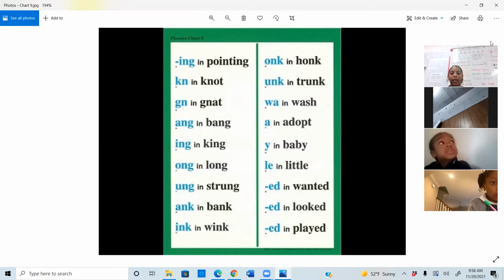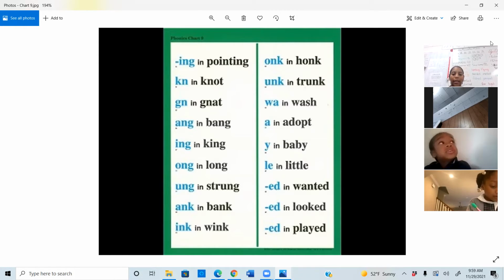ANG says ang, and bang. ING says ing, and king. ONG says ong, and long. UNG says ung, and shrunk.